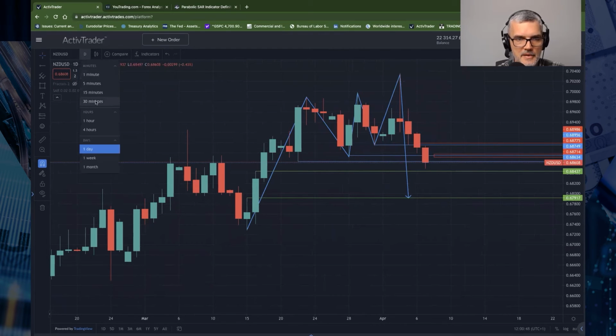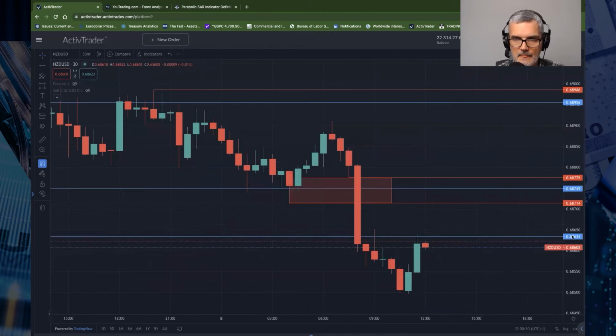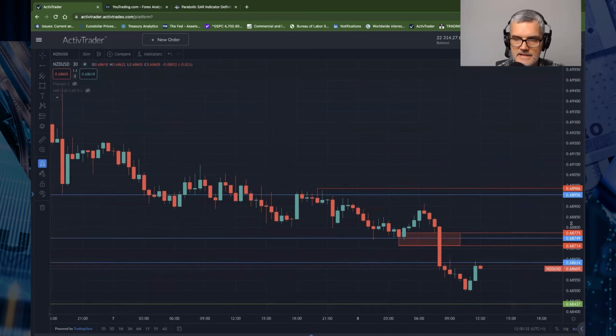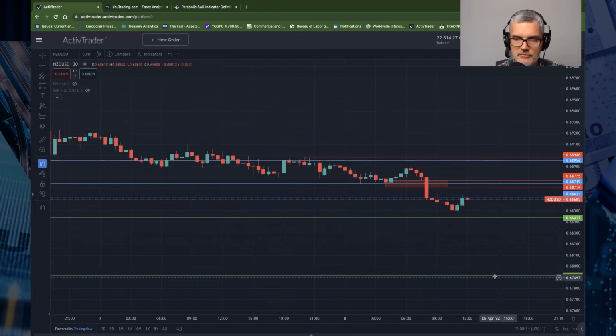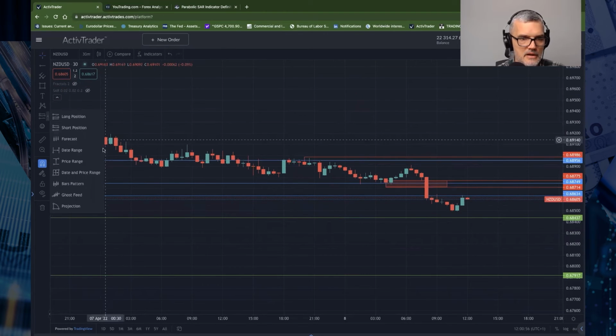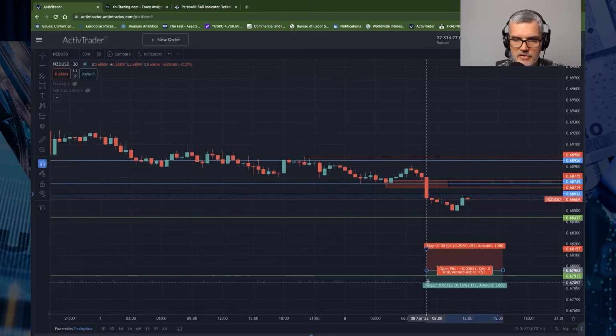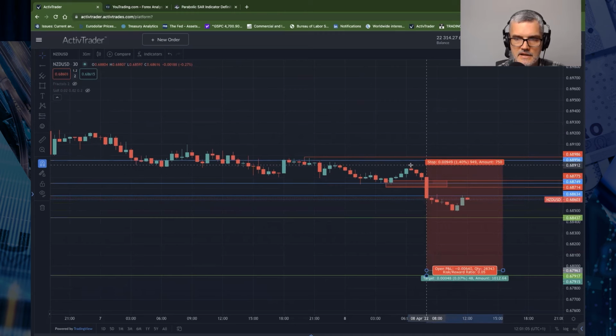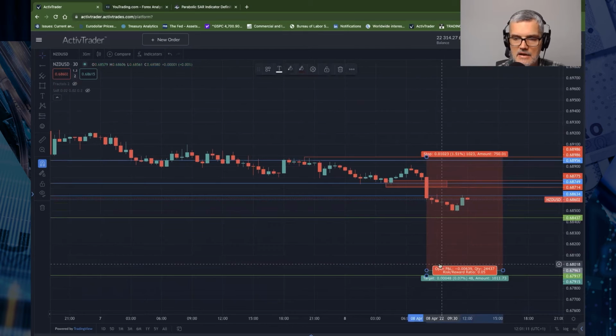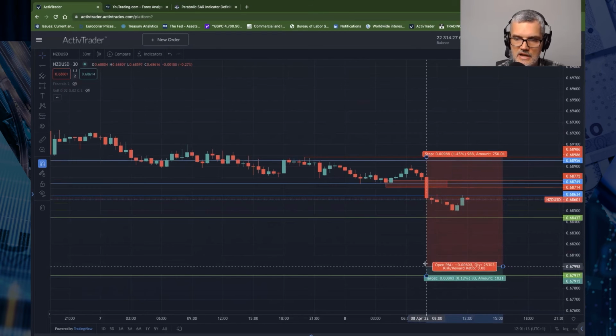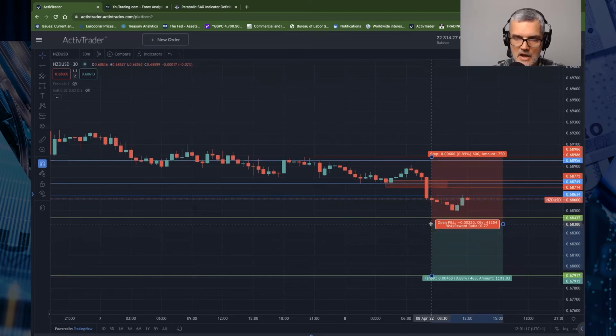Now, going back to the 30-minute chart. So I've identified where I want to get to in terms of profit. So if I put my short position indicator up, so profit target's going to go there. Stop loss, I said, is going to go above or at this swing high here. So now I just need a reason to get short, so an entry, and I want my risk to reward ratio to be at least 1 to 2.